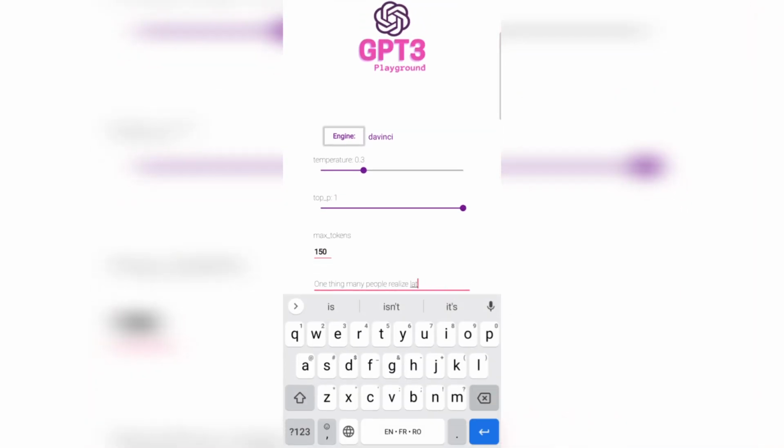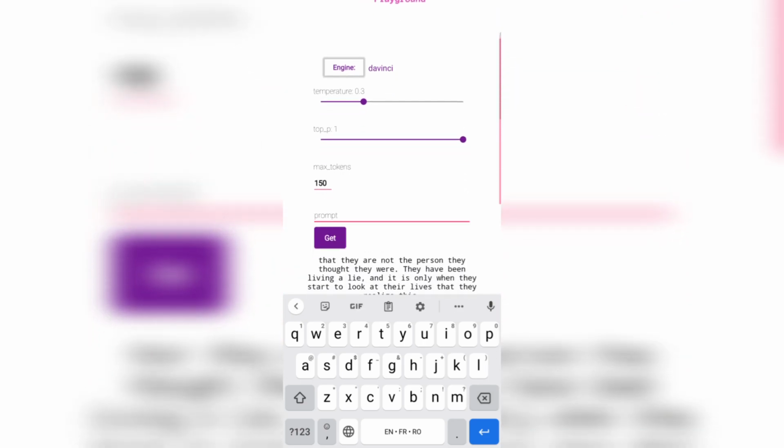Now, two prompts that I've just developed for cybersecurity are this one.